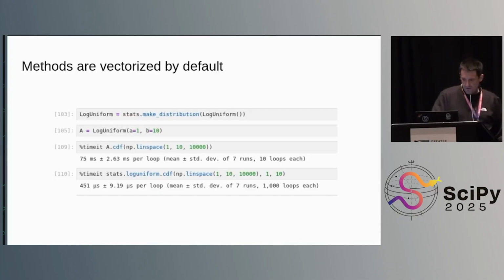Now here's a comparison here of, we only define PDF, but we're doing a CDF over some big array. Now it's a lot slower than the native CDF based on a formula using the old infrastructure here. But the reason is that this is doing quadrature. It's integrating the PDF, but it's not doing that in a loop over Python objects.